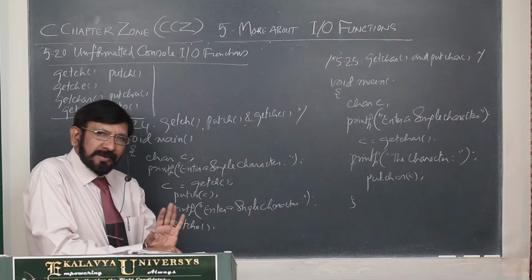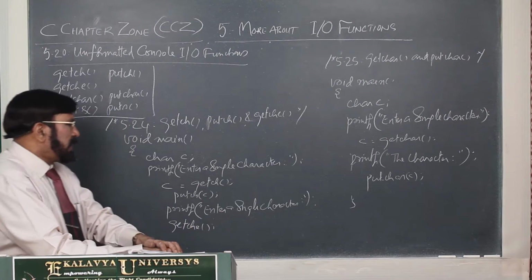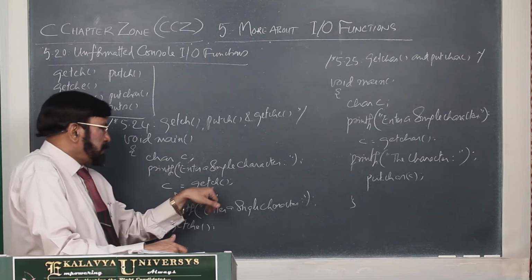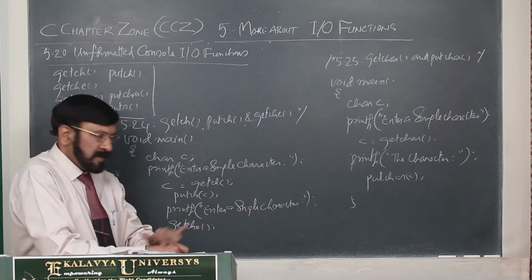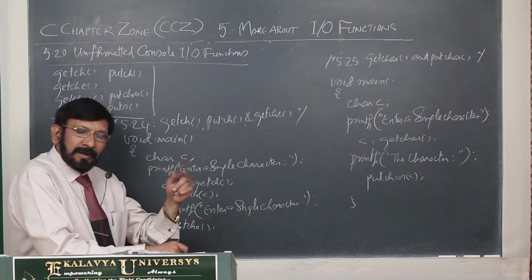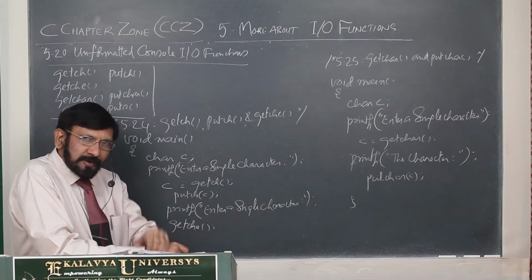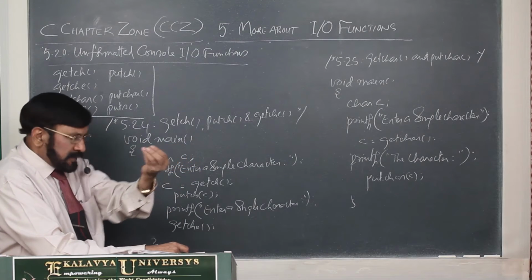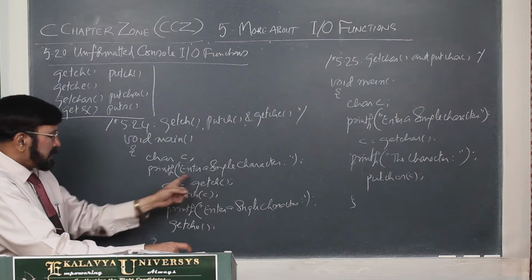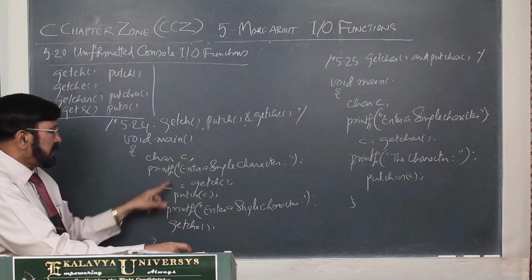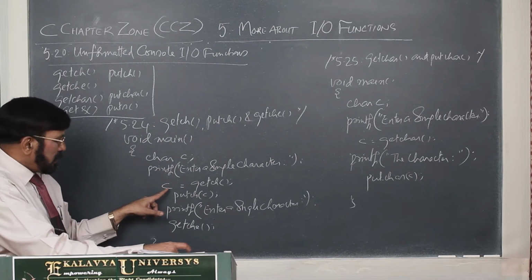For that, no tool has been explained so far, but to serve that type of purpose, this function is available. It takes a character, but when you type, that is not displayed. It takes a character and returns it. Then you can store it in a character type variable.